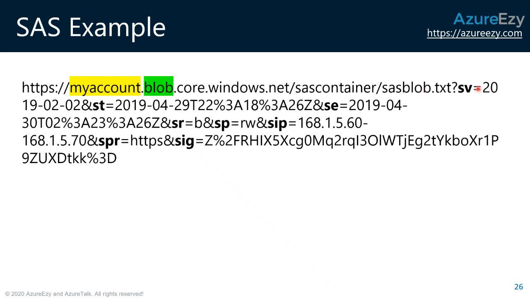Then there is SV. What does this SV specify? It specifies your storage service version. Then, at the time of SAS generation, if you specify any start time and end time, it will also specify the start time. The start time begins with this ST, which tells you that the start time begins at this particular time.